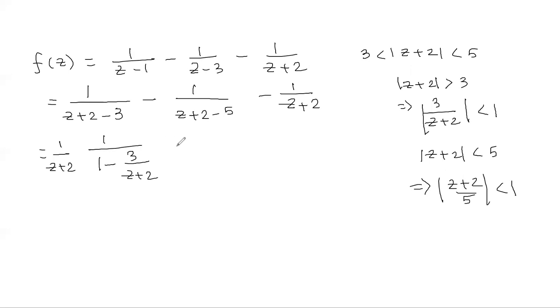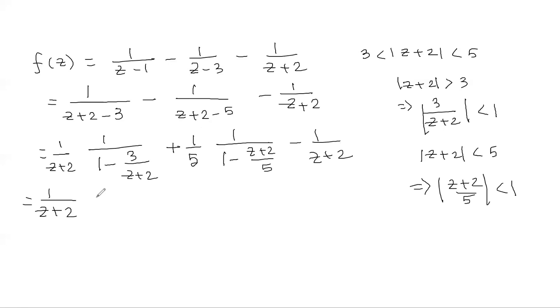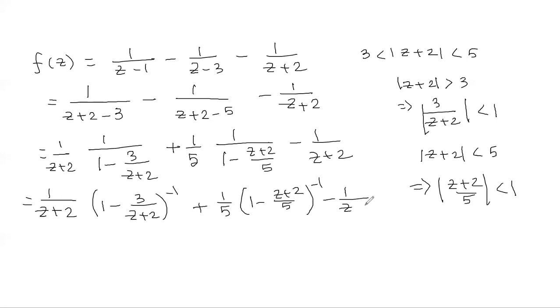Here we'll take −5, and this becomes 1/(1 − (z + 2)/5). So now we can write this as 1/(z + 2) (1 − 3/(z + 2))^(−1) + 1/5 (1 − (z + 2)/5)^(−1) − 1/(z + 2).